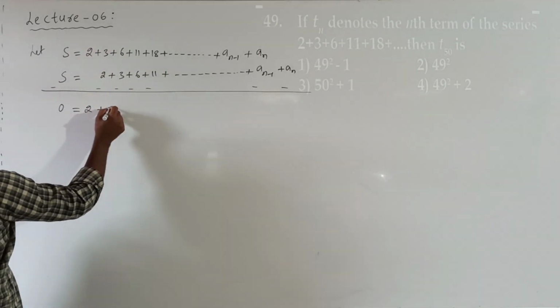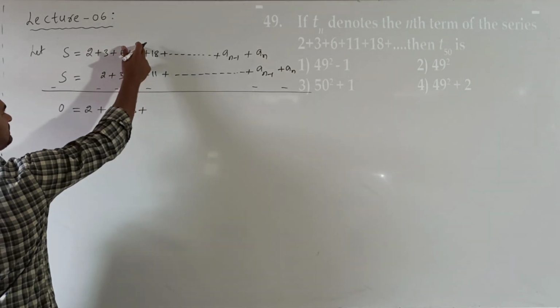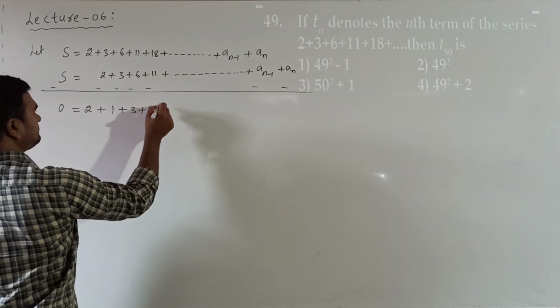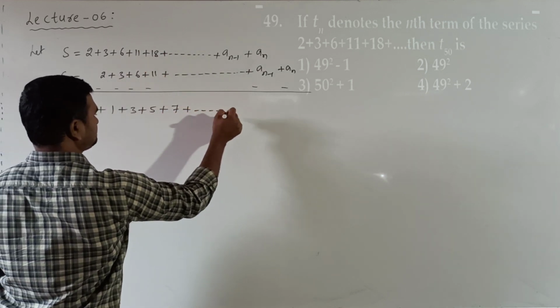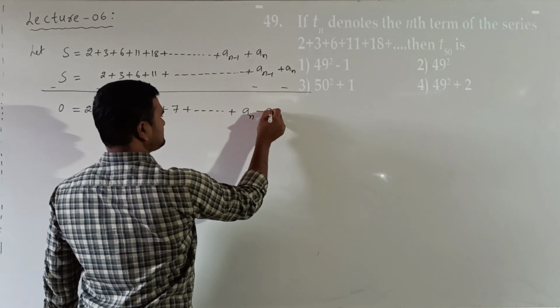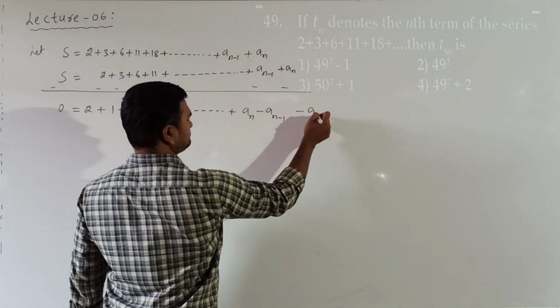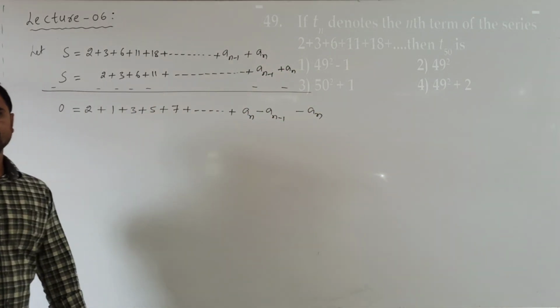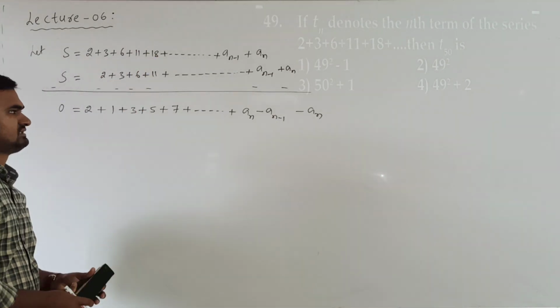Now 3 minus 2 is 1, 6 minus 3 is 3, 11 minus 6 is 5, 18 minus 11 is 7 and so on. The last term is an minus a(n minus 1), and nothing minus an. So these are the difference terms of the two series.